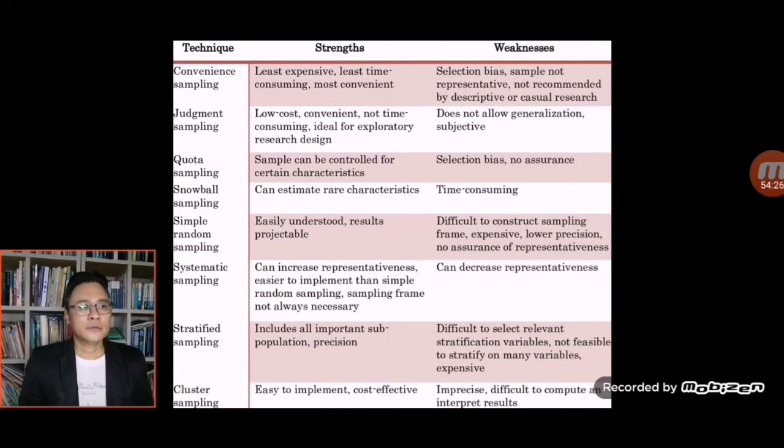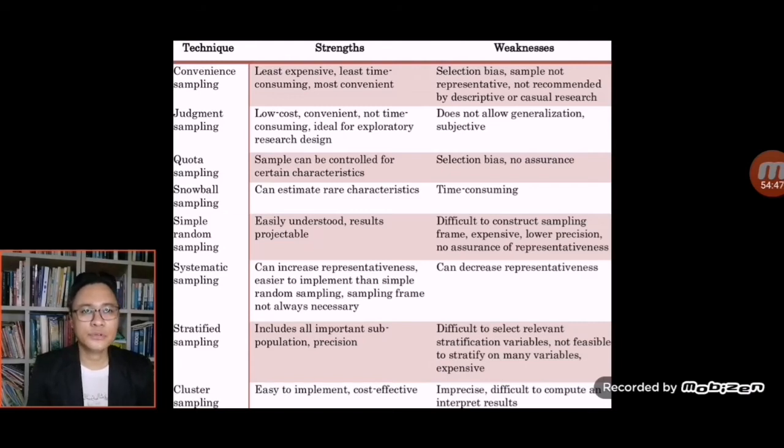Okay, for any of the sampling technique, there are disadvantages and advantages, or strengths and weaknesses. For the convenient sampling, it is least expensive, least time consuming, most convenient. Weaknesses: selection bias, sample not representative, not recommended by descriptive or casual research.